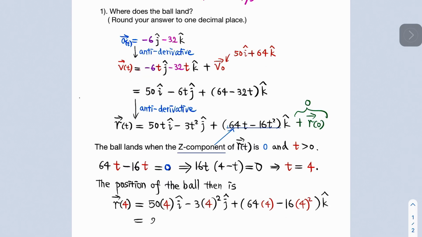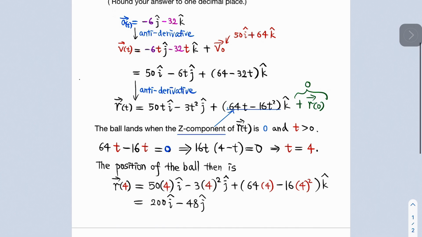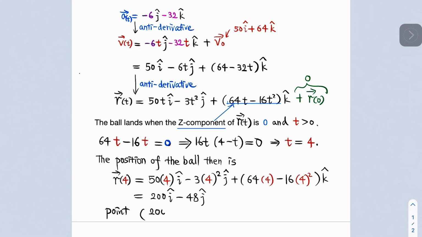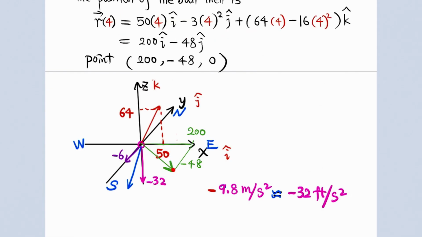Simplifying, we get 200i minus 48j. Equivalently, this is the point (200, -48, 0). The ball is going to land over here, at this point where along the i component you have 200, along the j component you have -48, and the z component is 0. So it lands on this point on the xy plane.